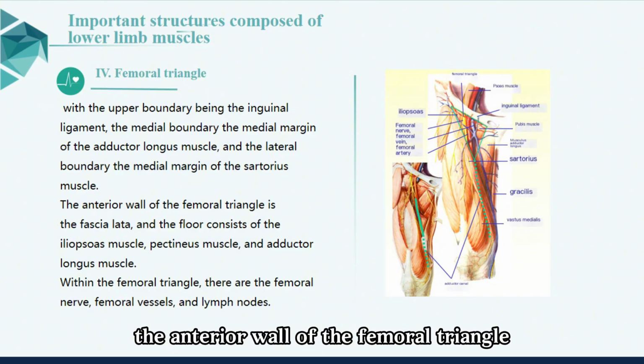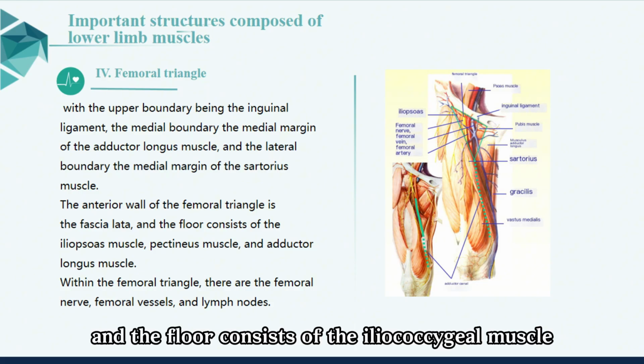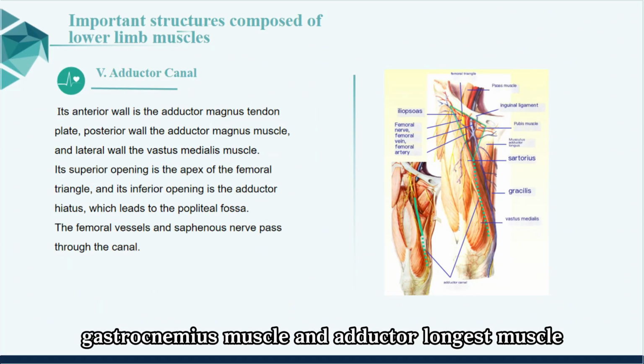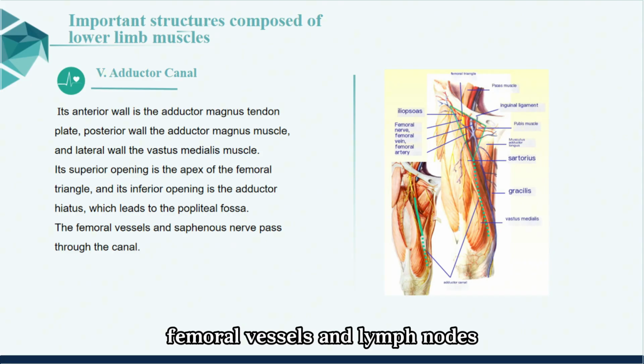The anterior wall of the femoral triangle is the fascia lata, and the floor consists of the iliopsoas muscle, pectineus muscle, and adductor longus muscle. Within the femoral triangle there are the femoral nerve, femoral vessels, and lymph nodes.